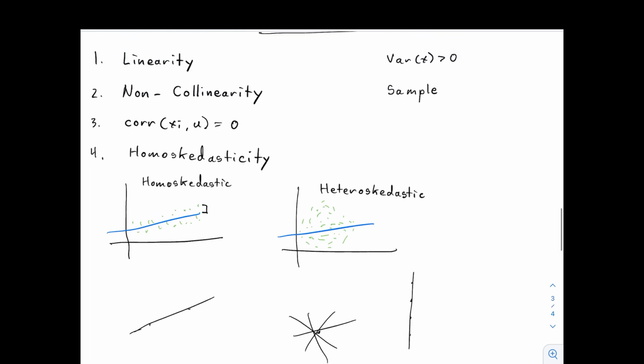And the last assumption that some sources list, others do not, is that your data is coming from a sample, right? It's coming from a random sample that's representative of your population.